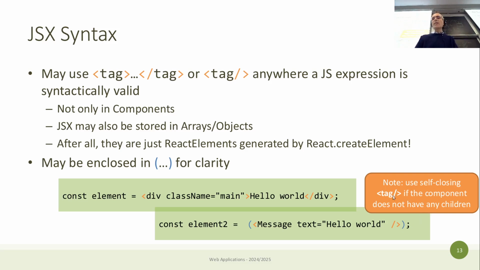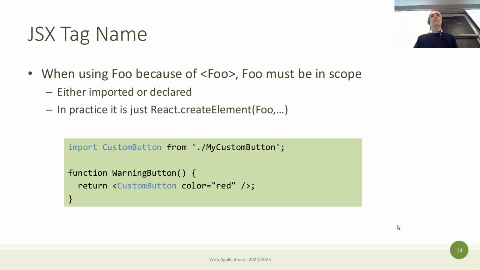You see here an example of the self-closing tag. You see this message, which I'm not sure if it's a React Bootstrap component or user-defined, I don't know. But you can avoid having the closing tag because if you have no children, you can simply close it like this. Okay, but this is valid HTML as well. Okay, just be careful that the tag name, that means the name of the component, must be in scope.